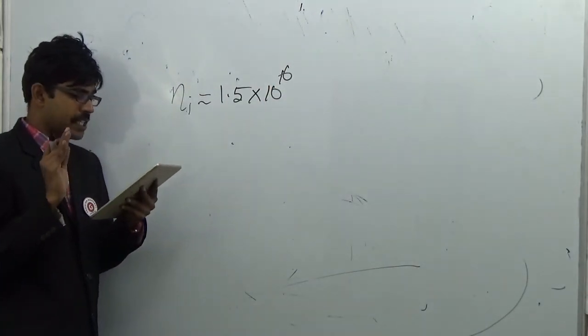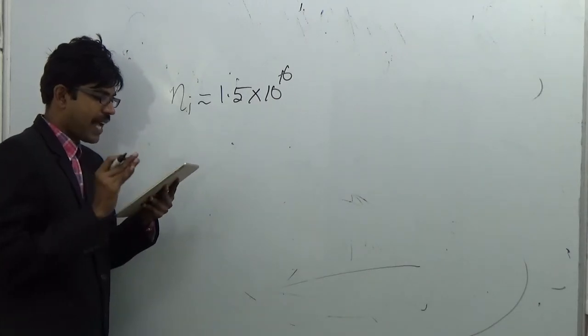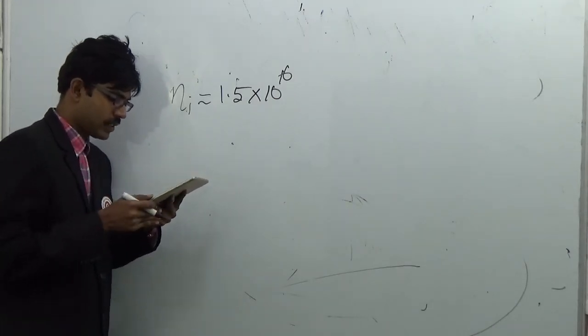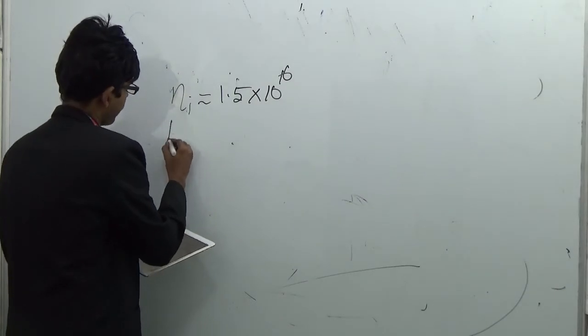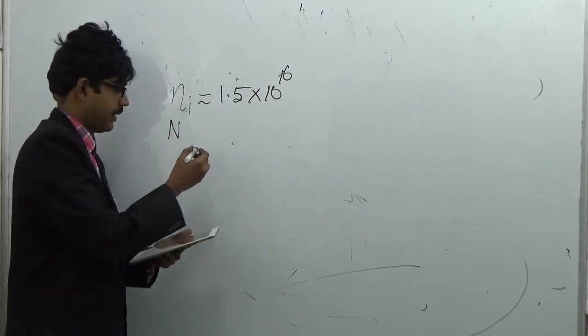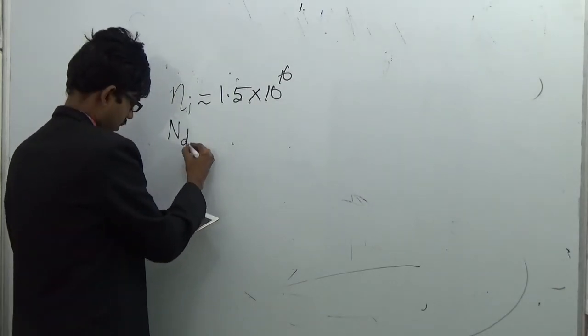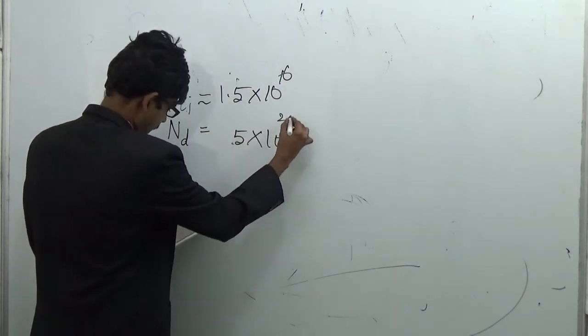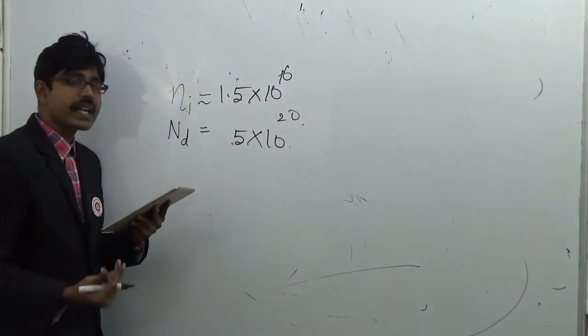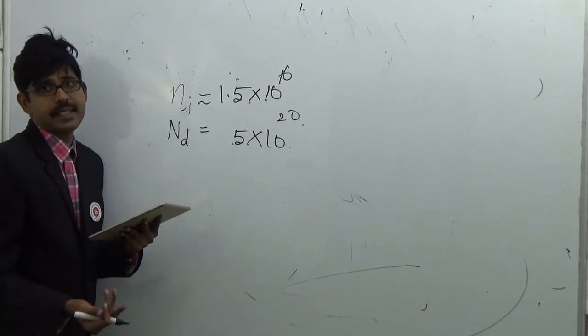After doping, the majority carriers is 5 into 10 power 20. So majority carriers means it is Nd, donor impurity, which is given by 5 into 10 to the power 20. Now the minority carrier density is what is the question.